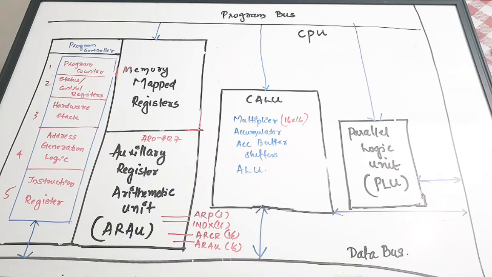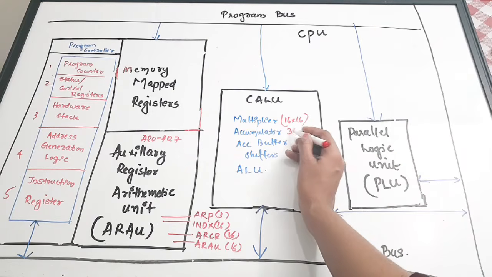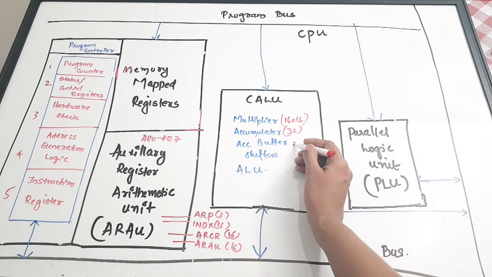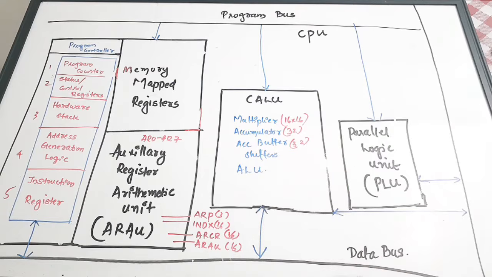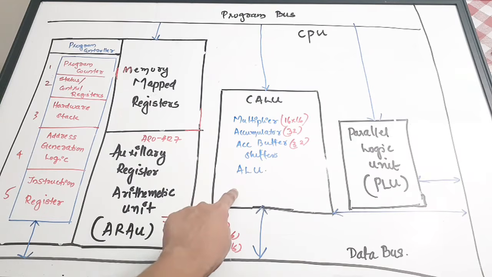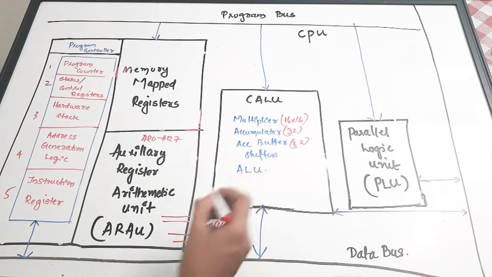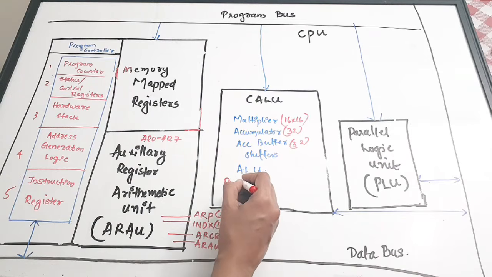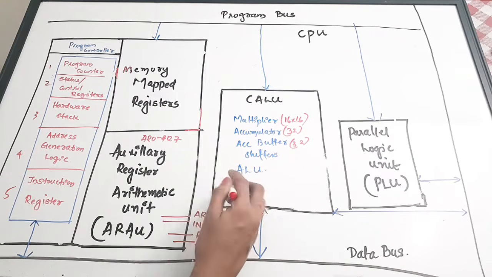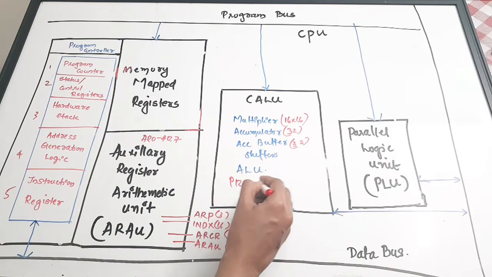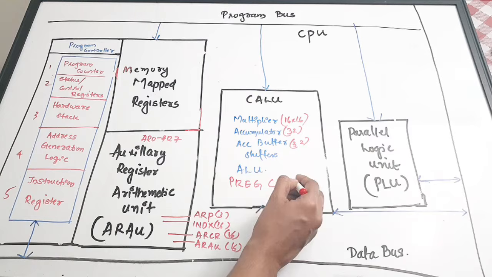Then there is a 32-bit accumulator, a 32-bit accumulator buffer, then shifters and also ALU. And other than that, there is a 32-bit product register, represented as PREG.